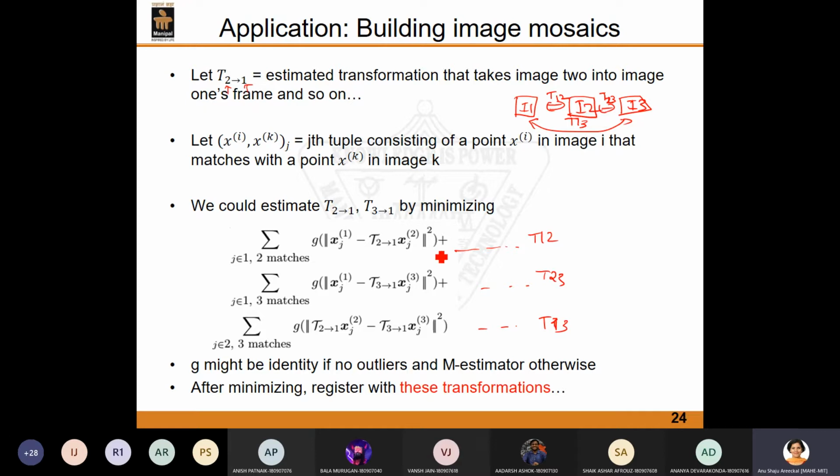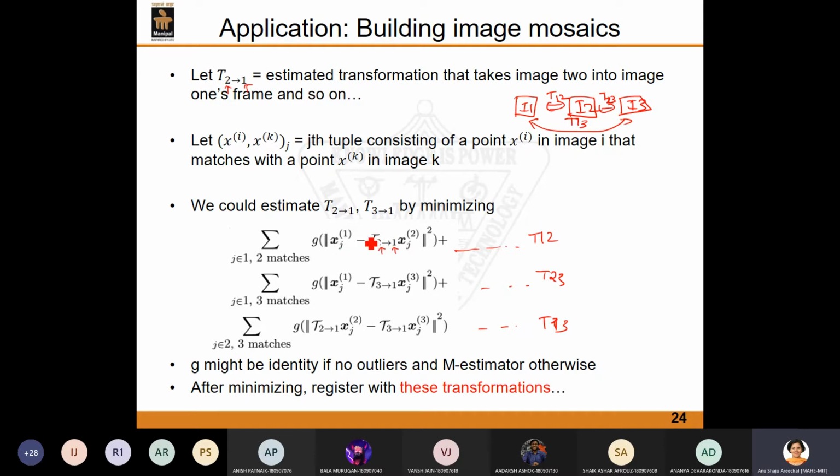After applying this transformation, I'm finding the difference between the transformed points and the target image, and I'm calculating the error between each of the points.